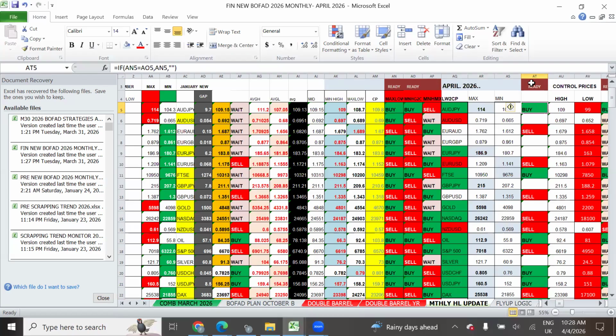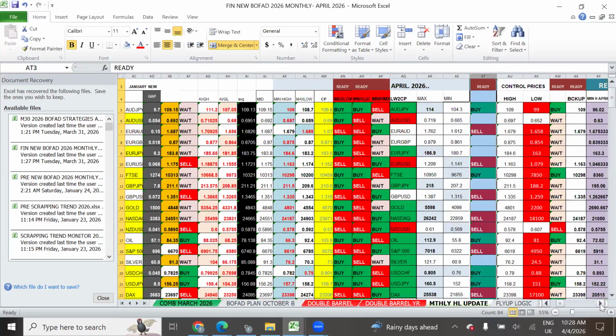What is going to happen for the rest of the year is that the market can continue in this direction, or the market can decide to change direction.